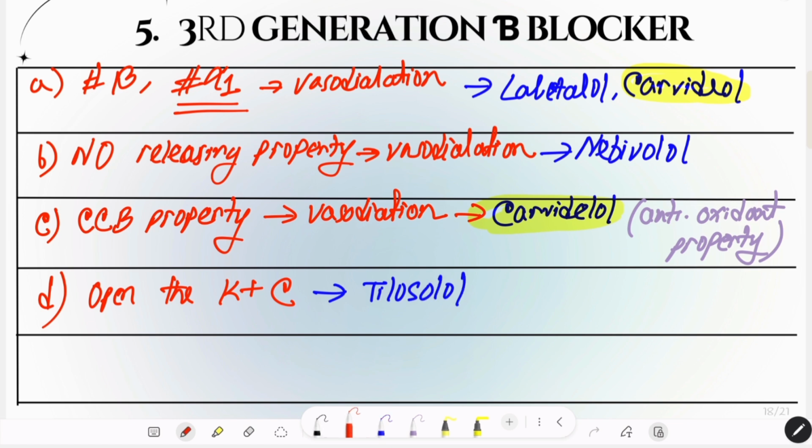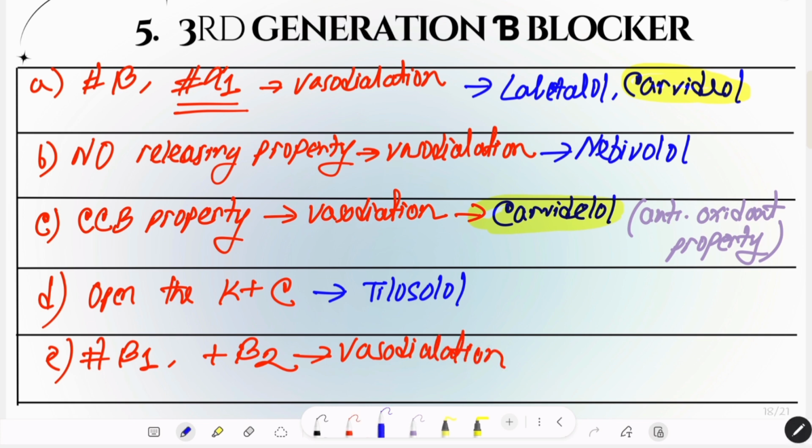The last group of drug here blocks the beta 1 receptor but stimulates the beta 2 receptor. And we know that stimulation of beta 2 receptor leads to vasodilation. And the drug in this group is celiprolol.